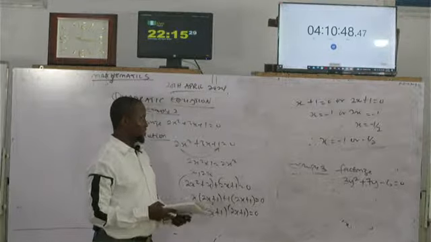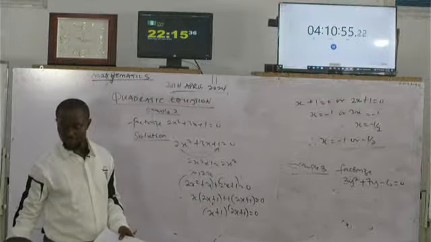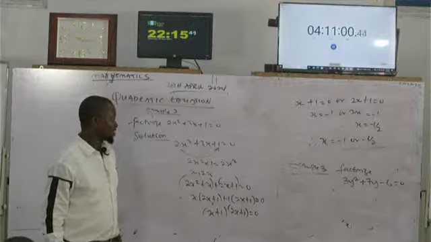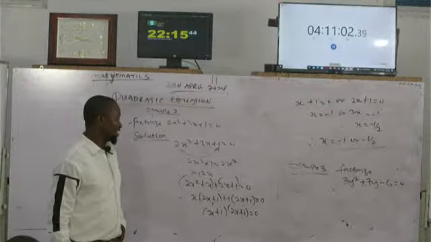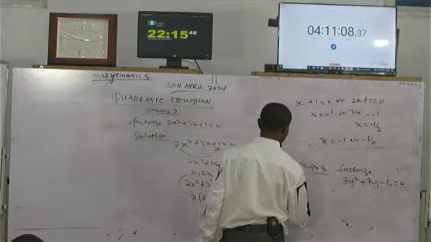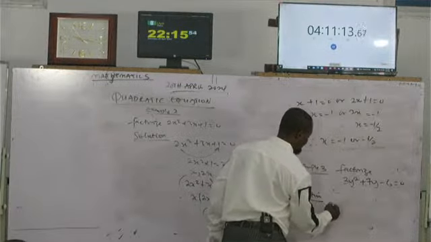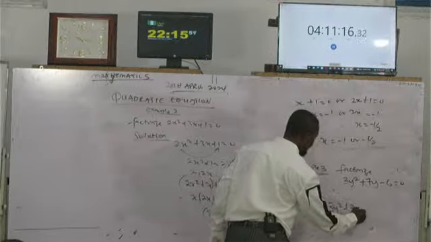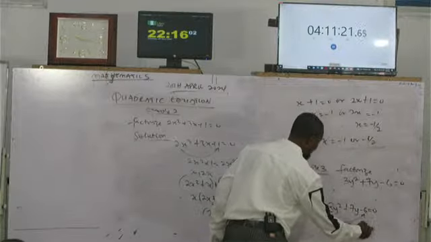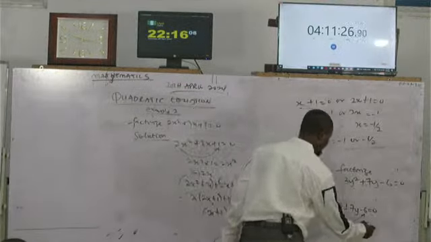Remember what I told you? You multiply the first and the last, Abi? You multiply the first and last. Solution: multiply this with this. 3y squared times minus 6, what do you have?